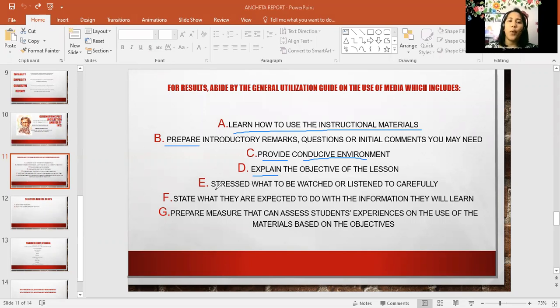Next, point out or stress what to be watched or listened to carefully. Next, state what they are expected to do.